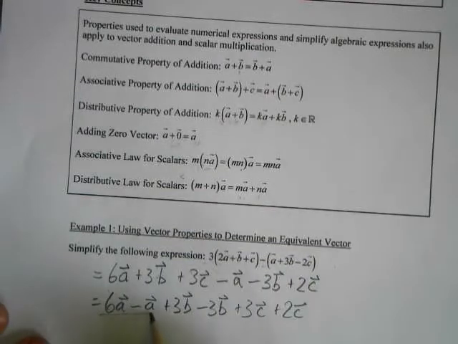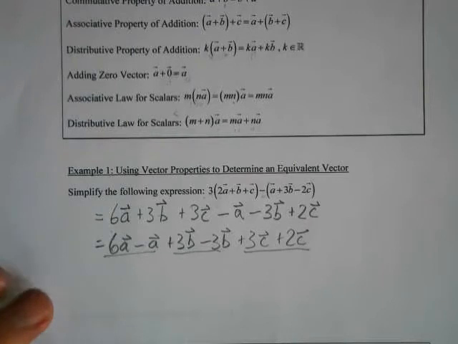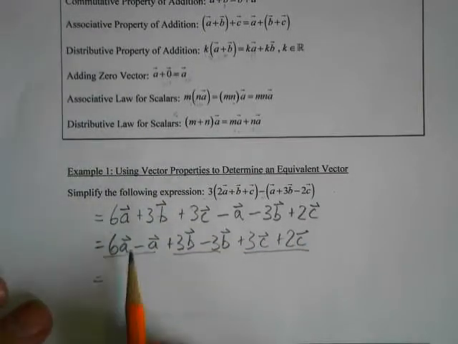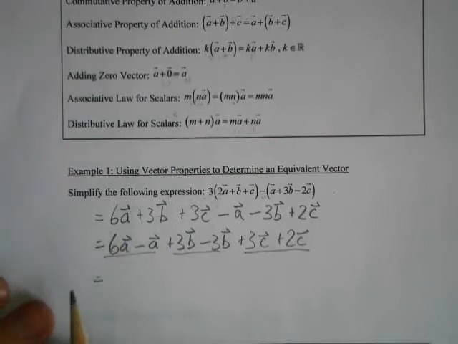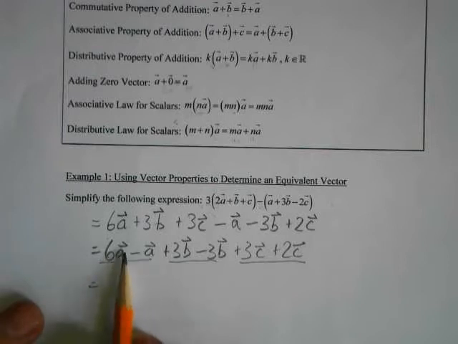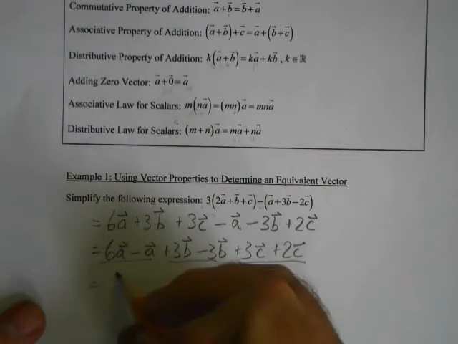And you can see I've got them grouped together so that I can combine each of those mini groups. And you can treat this almost like algebra, like the vector a is a variable. So like 6x minus x would be 5x. Well, 6 times vector a minus vector a is going to be 5 times vector a.